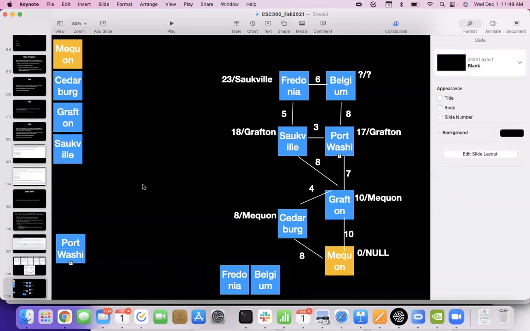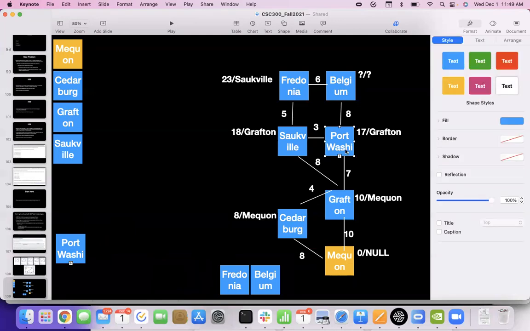Now we go to Port Washington. Port Washington has 3 roads. So we have 17 plus 7, which is 24. Is 24 less than 10? Nope, so no change there. We have 17 plus 3, which is 20. Is 20 less than 18? Nope. So no change there. We have 17 plus 8, which is 25. Is 25 less than infinity?